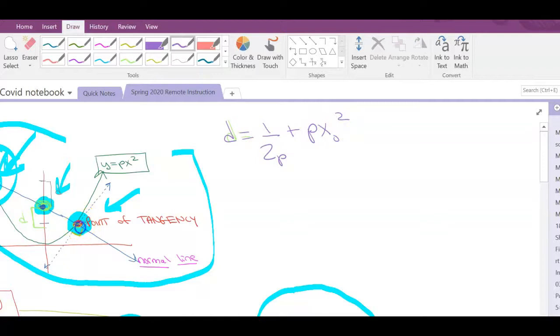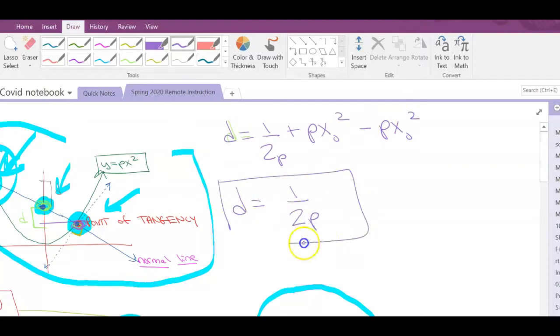Now, what's the y-coordinate of this point? Yes, it's just p x naught squared, so minus p x naught squared. At the end of the day, d just equals 1 over 2p. That was so much easier.